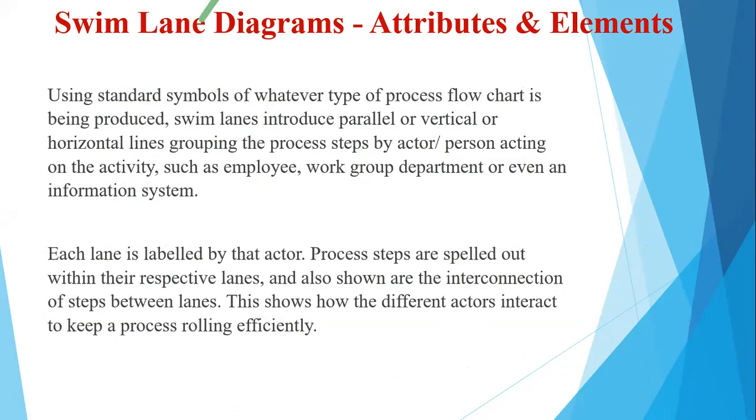This shows how different actors interact to keep the process rolling efficiently. Now, when we discussed our example with respect to holding an intercollegiate SIP competition event, that's where we identified different activities with respect to the different committees, and then we also identified the functional departments that could be involved in carrying out the various activities by the committee members.